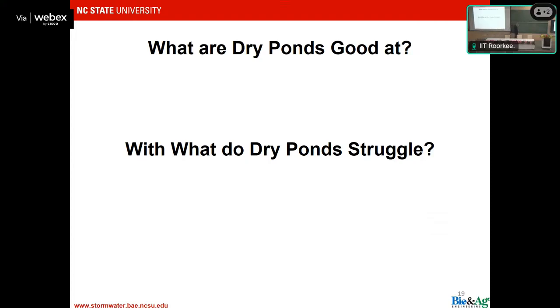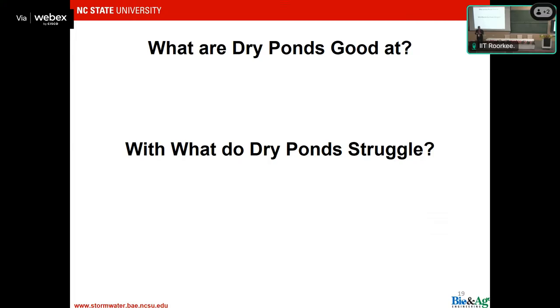Because, and tell me why. Why do you think it's not as good at sedimentation as the next two practices? Sediment comes in. It hangs around, let's say, for 5 days. Does it fall out during that 5 days? Yes. Some of it falls out during that 5 days. Then what happens the next time it rains? You ready for this one? It resuspends some of that sediment that just fell out 3 days ago.